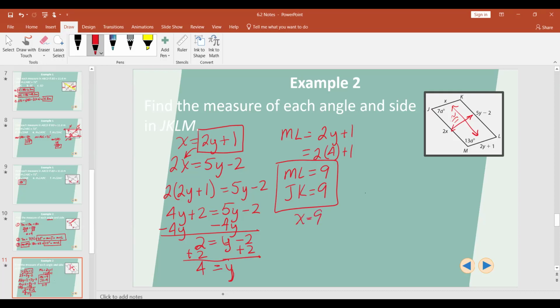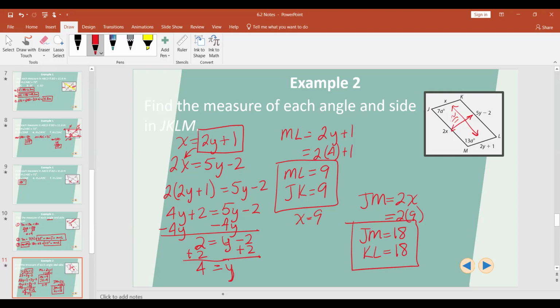So I'm going to plug that into JM. JM equals 2x. Let's just do baby steps here, so that's 2 times 9. So JM equals 18. And if JM equals 18, KL also equals 18 because those are opposite sides, therefore they are congruent, therefore their lengths are the same.